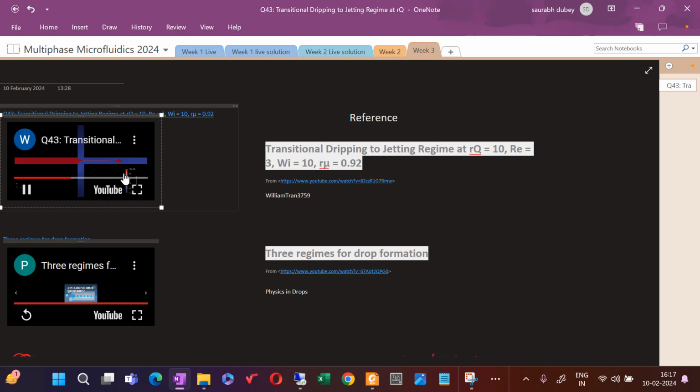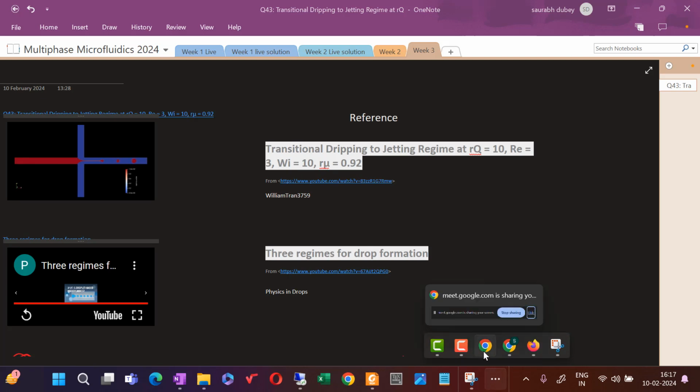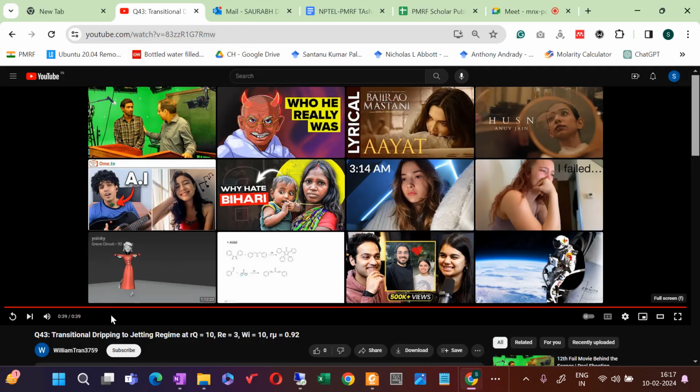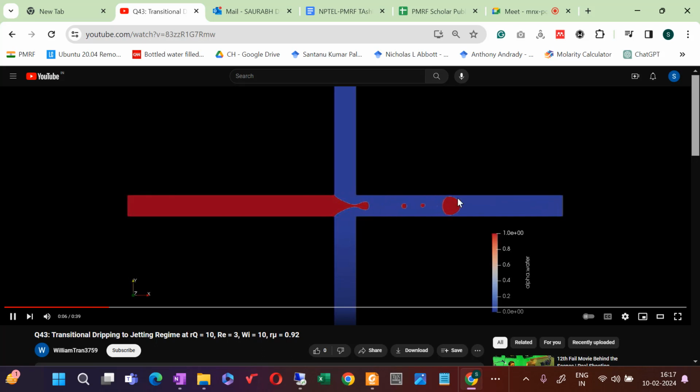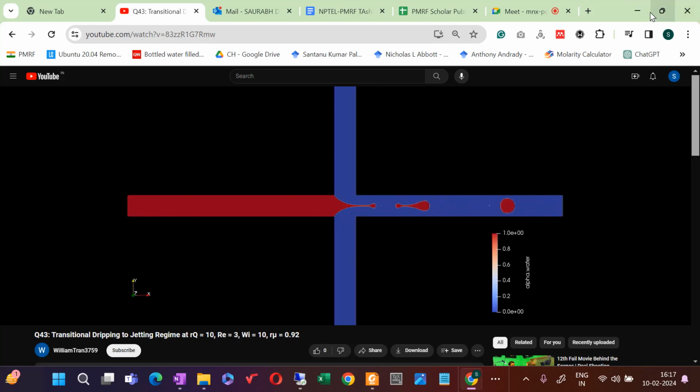For example, in this computation they have exactly defined the interface, so the analysis becomes a bit easy. This comes up when you have a fine grid. The number of grids and the number of mesh also matter in deciding how close the result is, but convergence should be reached.